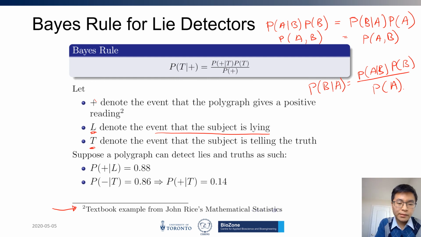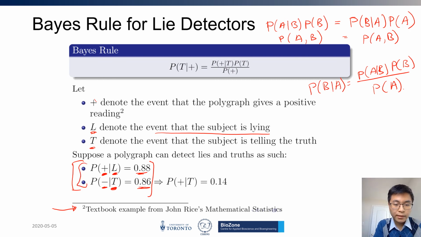And we are given these probability values where suppose the subject is lying, then we assume that the polygraph will give a positive reading 88% of the time. And in the other case, if the subject is telling the truth, the polygraph will correctly give a negative reading 86% of the time.